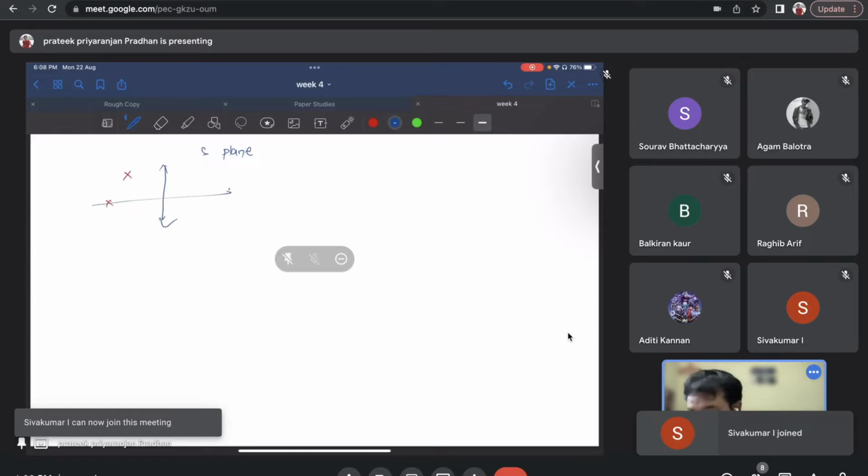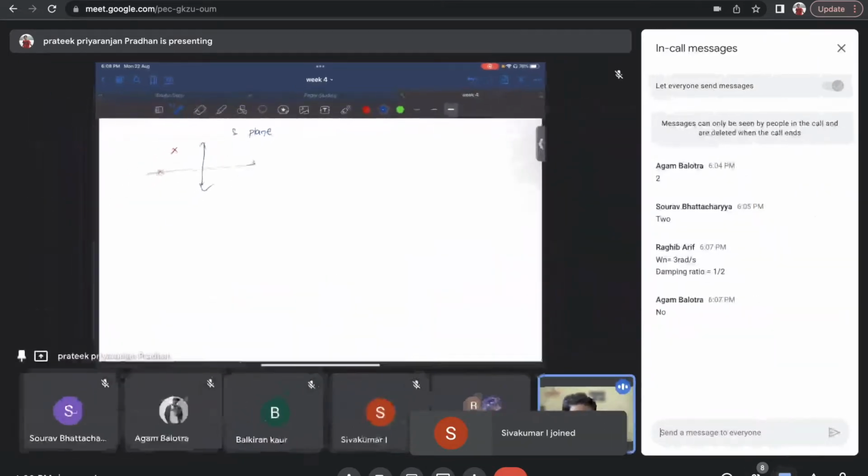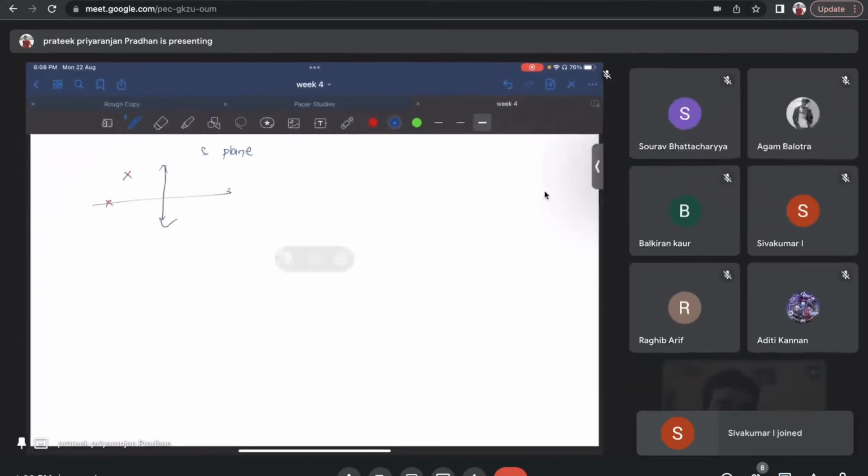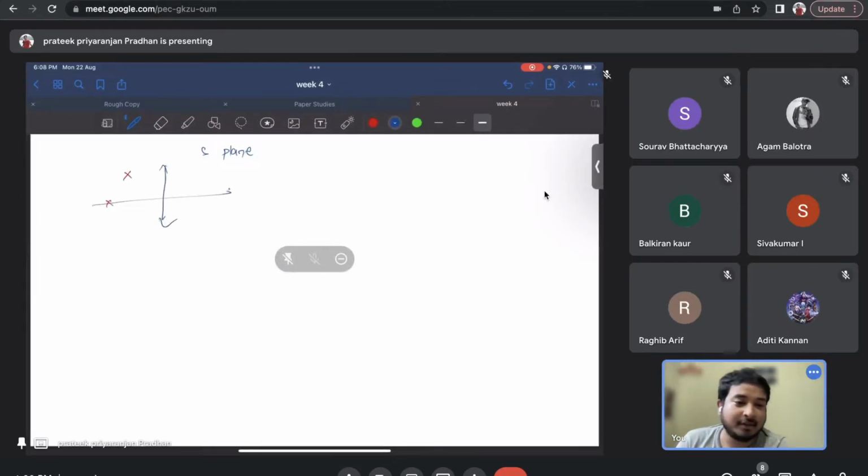Agam says it's no. Anyone else? I want some other answer. It doesn't matter if you are correct or wrong, so try to participate. Balkiran, Shiva Kumar, Aditi.